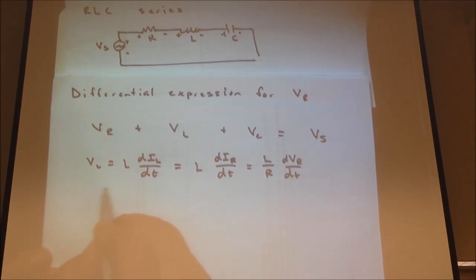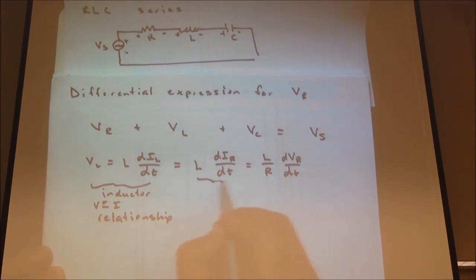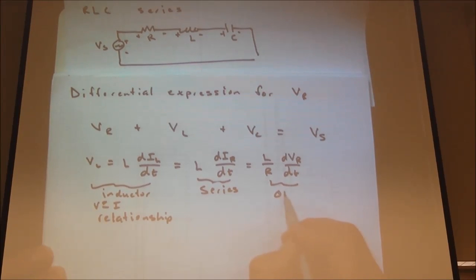So just to break things apart, this is an inductor relationship, the I relationship. I said it, but I didn't write it down. This is series concept. And then this is Ohm's law. So all stuff we've used extensively so far.